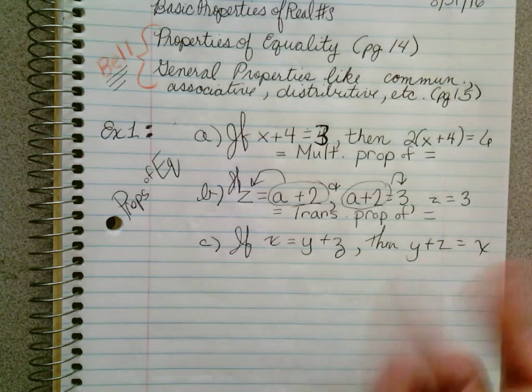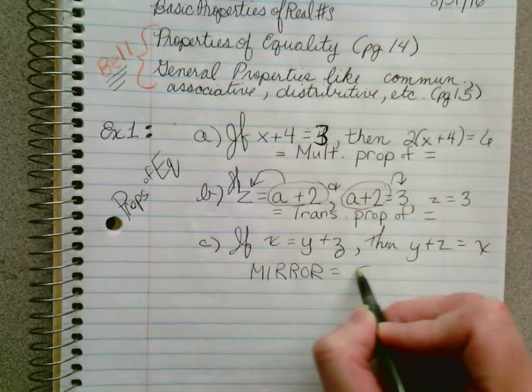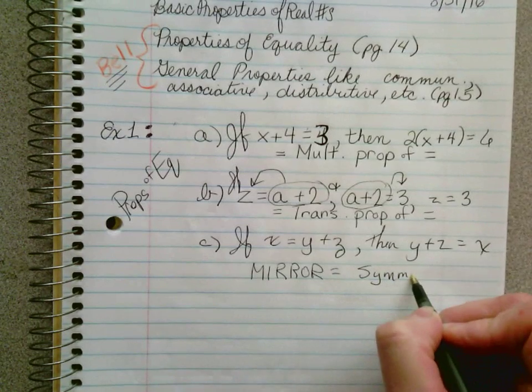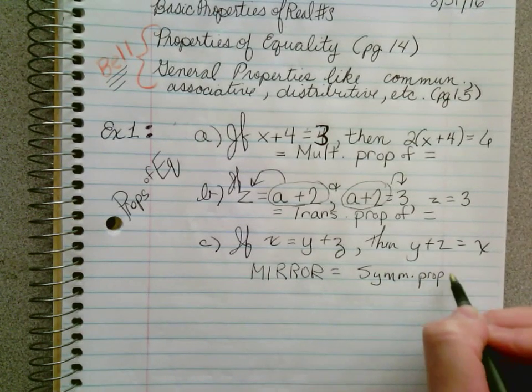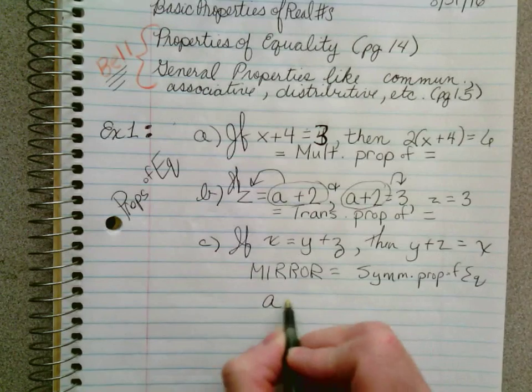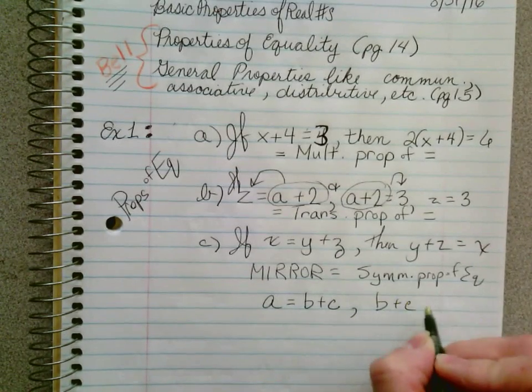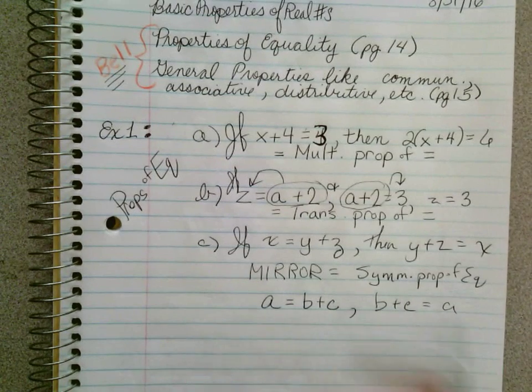Anything that is a mirror image is the symmetric property of equality. Like you could say A equals B plus C, therefore B plus C must equal A. Same scenario.